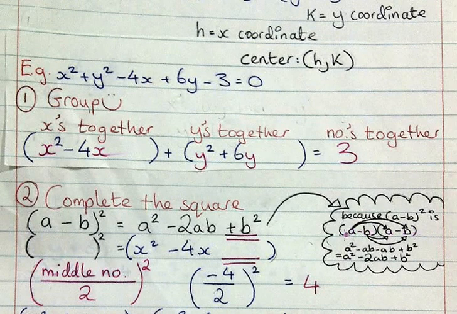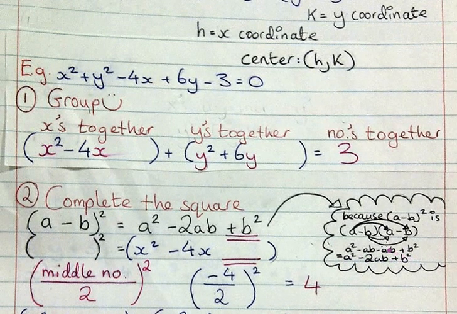And if we use FOIL, we'd be going a times a is a squared, then a times negative b is negative ab, and then negative b times a is negative ab again, and then negative b times negative b is b squared. So we end up with a squared minus 2ab plus b squared.